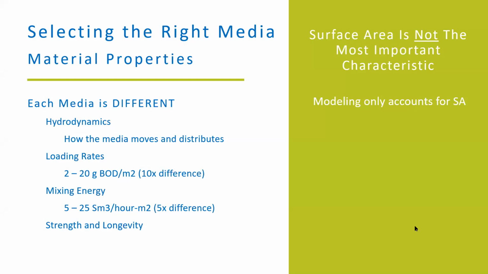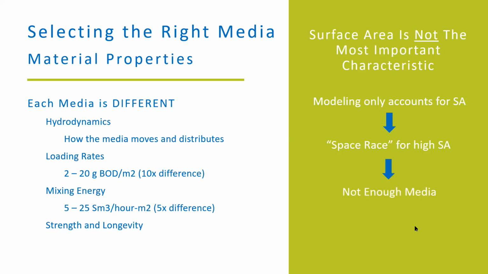And what that has led to is kind of this space race for a high surface area media, right? Because if you have an engineer who's looking at a modeling system, they say, oh, well, if we have more surface area, we're going to have more treatment. But as we know, that's not the case, right? Because more surface area, like I showed on the last slide, does not correlate to more treatment. In fact, higher surface area means a lower loading rate.